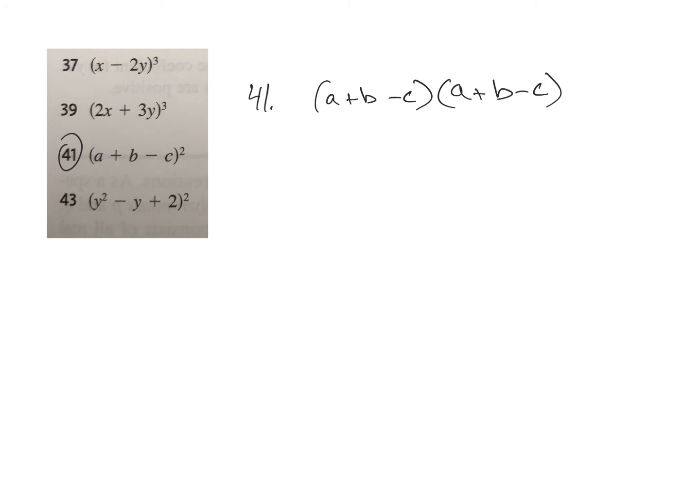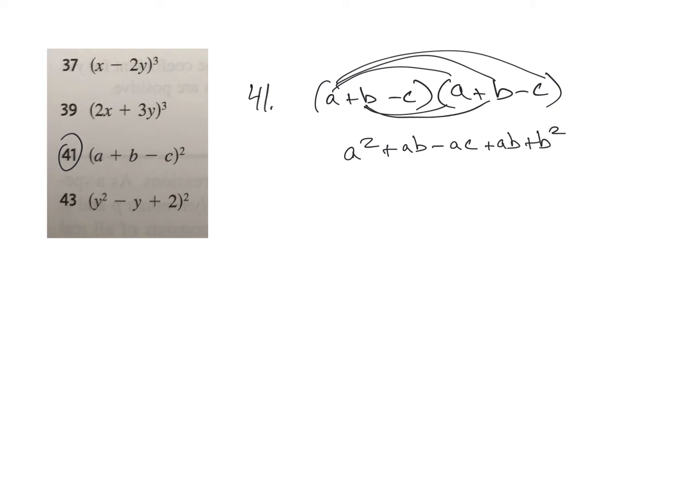So multiply straight through. 37 through 43, that's all you've got to do on these. So that's a squared plus ab minus ac. So make sure you get your signs right. That's ab, that's b squared, and that's minus bc.